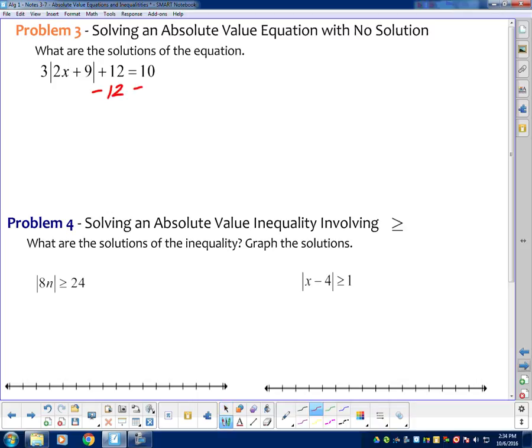We're going to get rid of the 12, but we still have a 3. A lot of people think we can distribute this into an absolute value. You cannot do that with absolute value. How else could we get rid of this 3 on the outside? Yeah, divide it. So we're just going to divide it off.